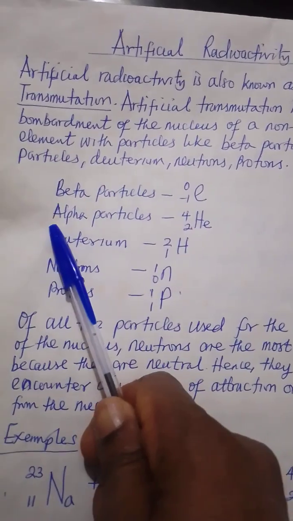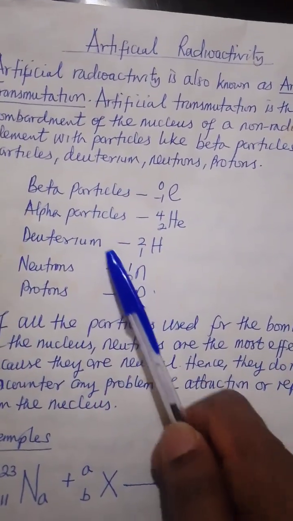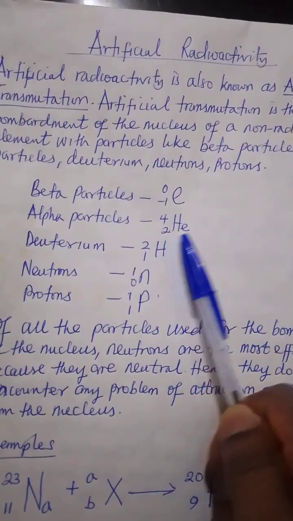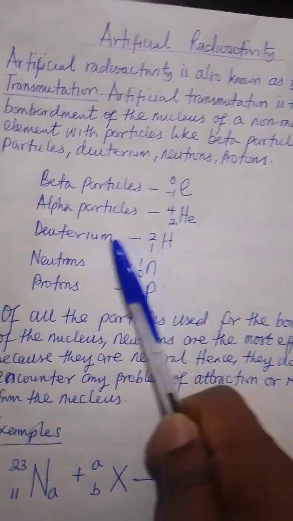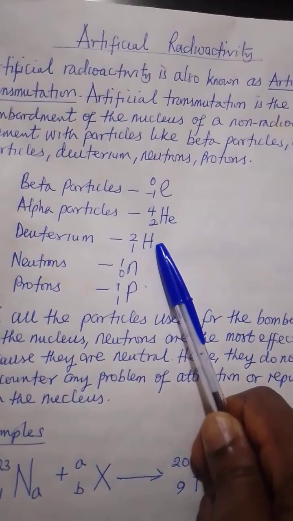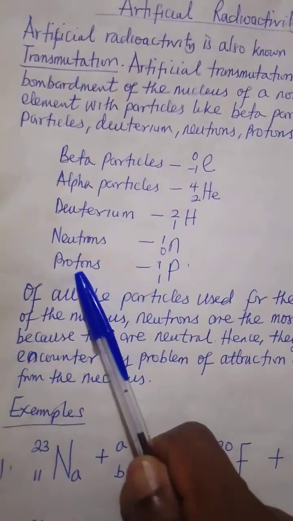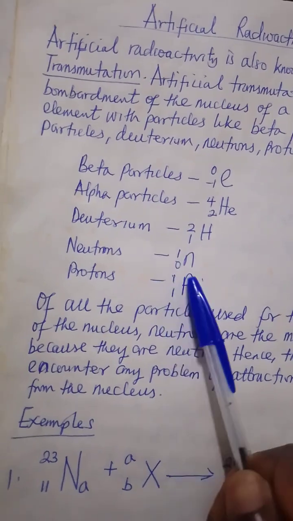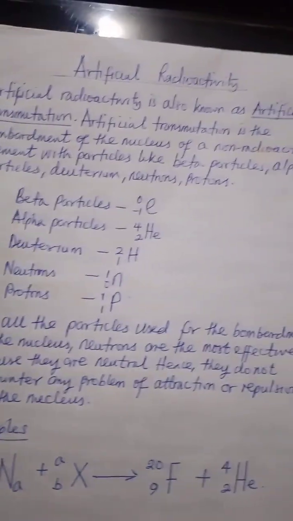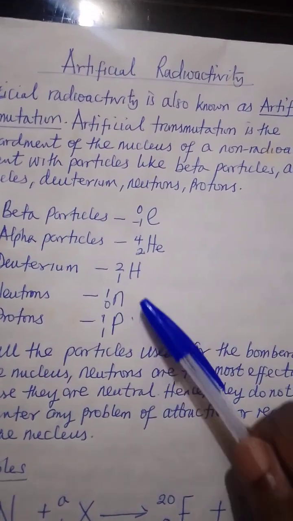We're familiar with alpha particles and beta particles from our previous lecture. Alpha particle is 4, 2, He, that's the helium nucleus. Deuterium is 2, 1, H. Neutrons, 1, 0, n. Protons, 1, 1, p. We are required to commit these particles to memory.